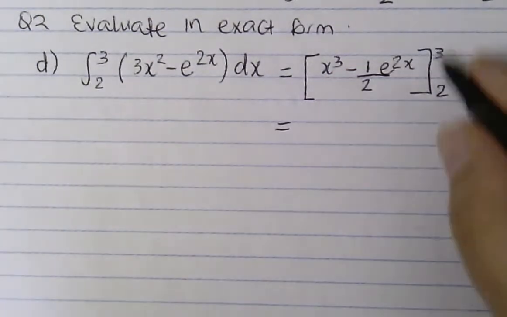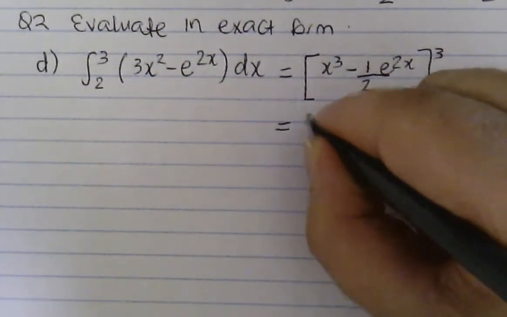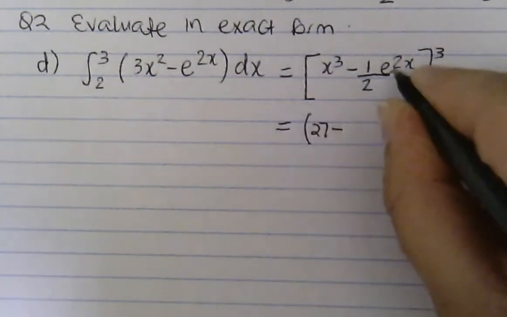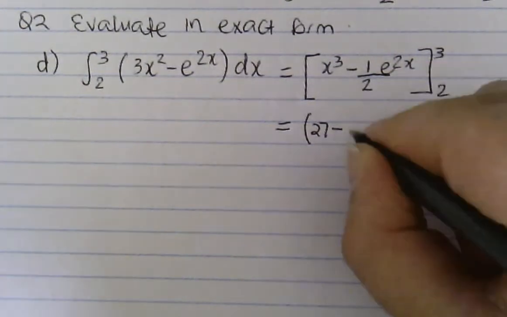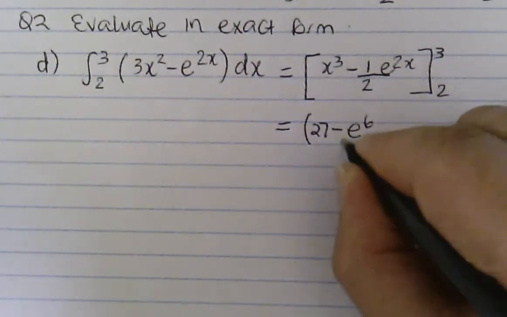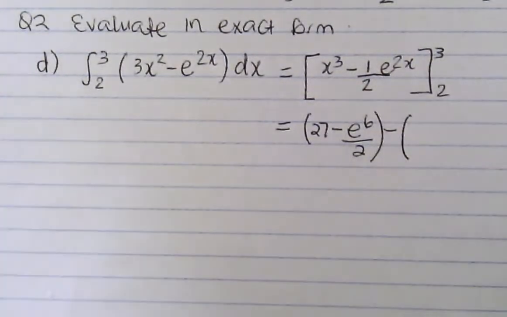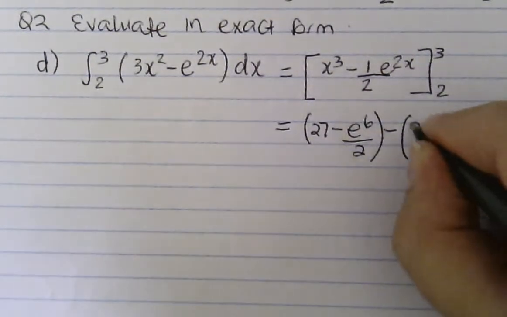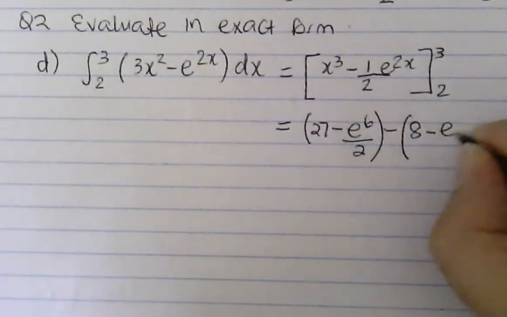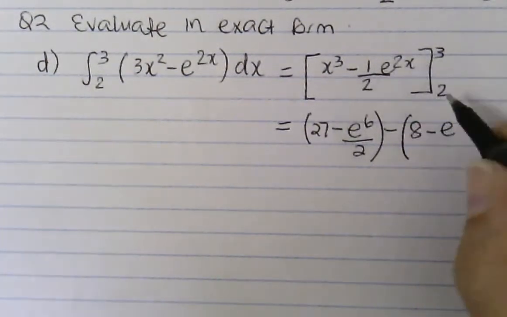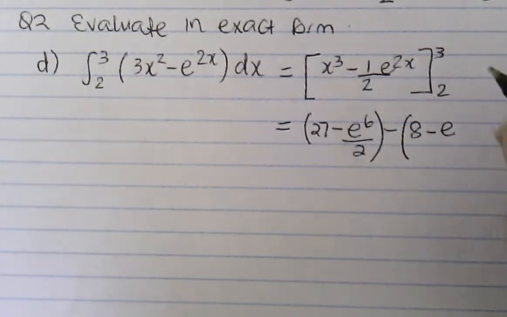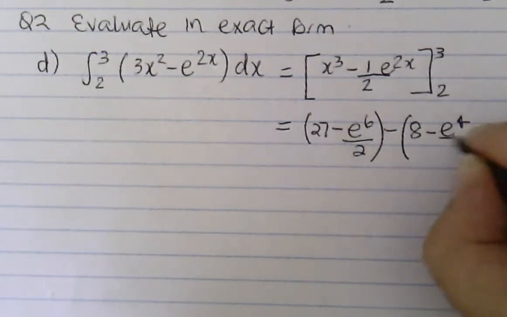So what have we got? Let's substitute 3. 3 cubed is 27 minus, if x is 3, what's that? e to the power of 6 over 2. Are you okay with that? All of that minus, now if x is 2, we get 8 minus e to the power of, if x is 2, 4 over 2.